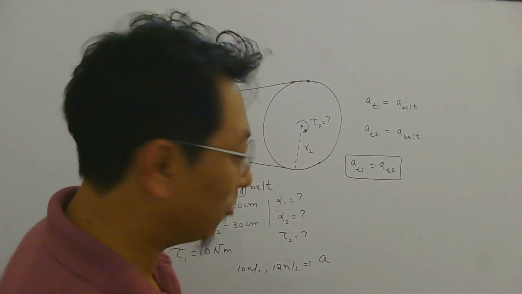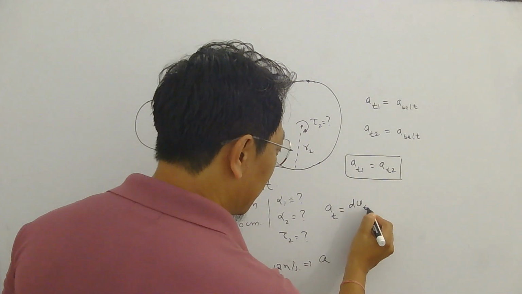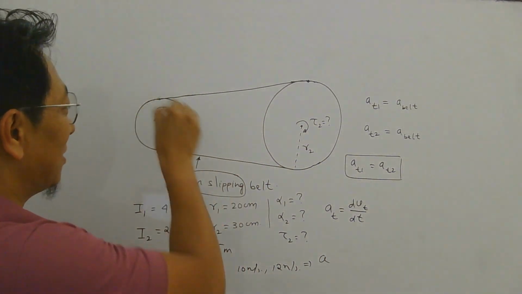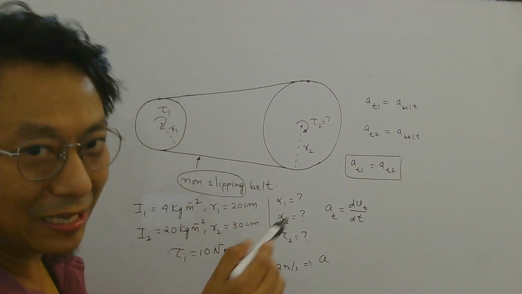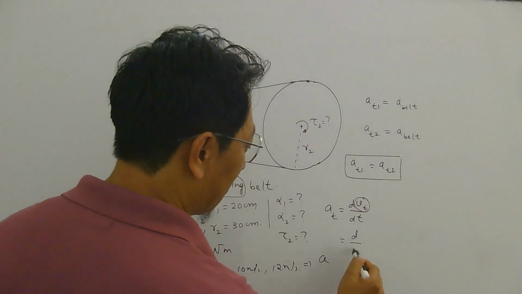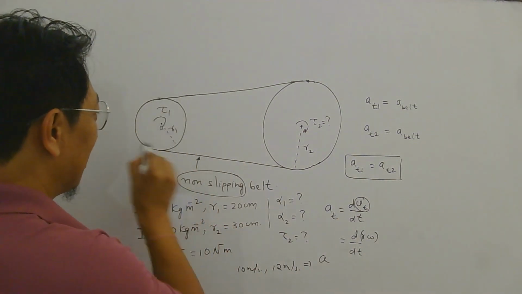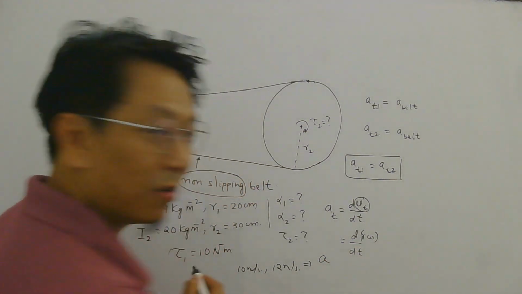Now we know that tangential acceleration is the rate of change of tangential velocity. And when a particle goes in circular motion, the tangential velocity or linear velocity is given by r omega, where r is the radius of the circle in which this particle is moving, in this case r1, and omega is the angular velocity.